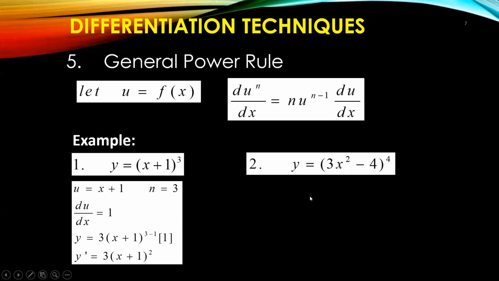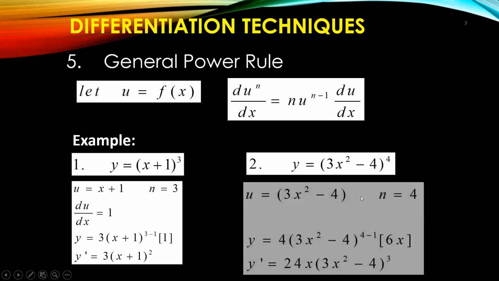In this case, the u is 3x squared minus 4. So the n is equal to 4. What we do here is we write the u, we write the n, and then what's the du over dx?